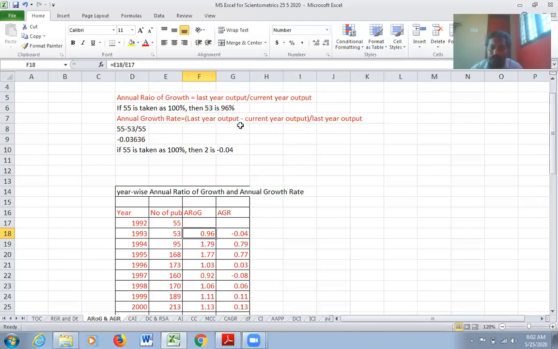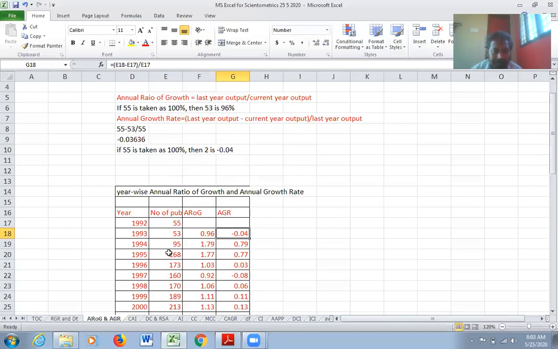It says last year output minus current year output divided by last year output. So you can see here, E18 is the current year output. But the formula says last year output minus current year output, isn't it?